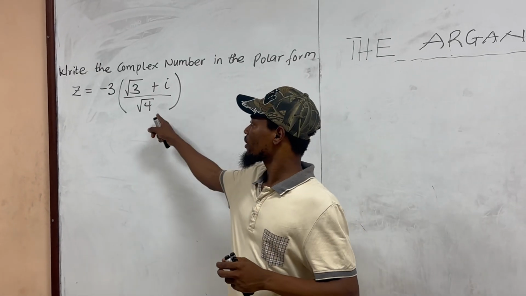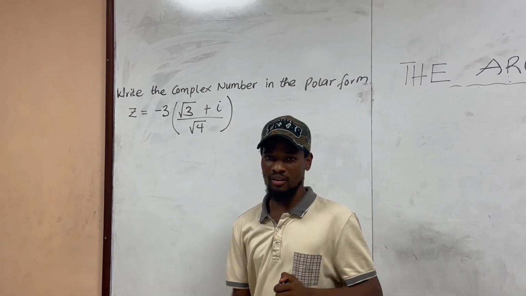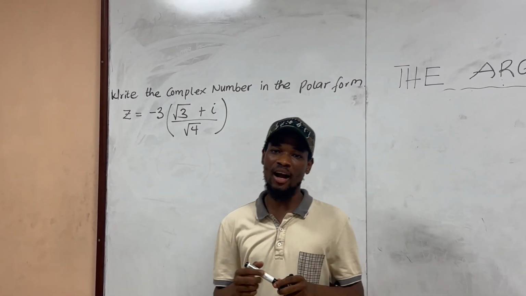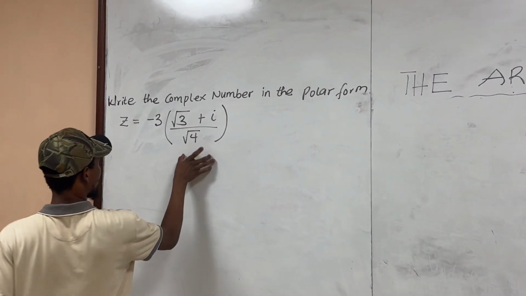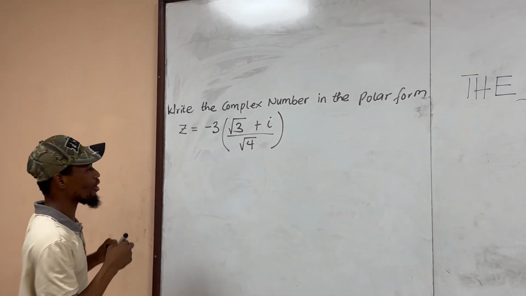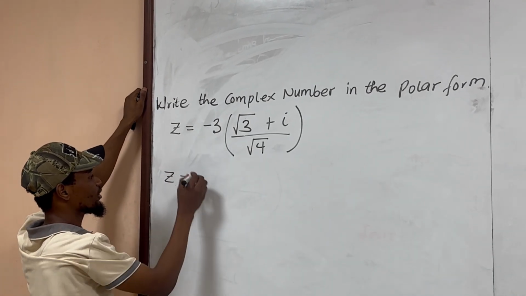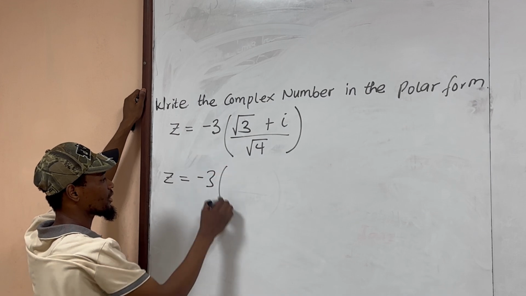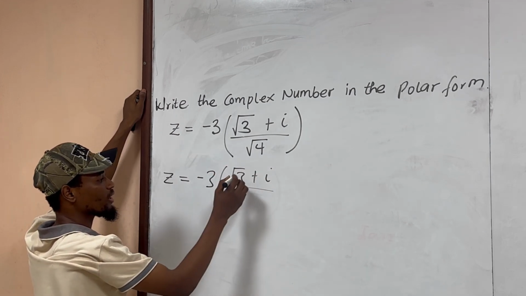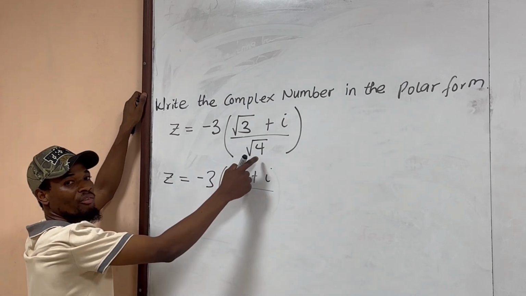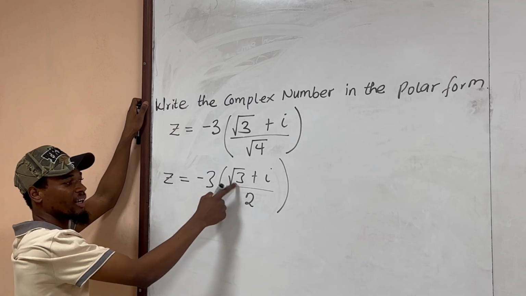Viewers, let's tackle the last question regarding the Argand diagram. Write this complex number in the polar form. This is the same as z is equal to negative 3 and a half square root of 3 plus i, all over square root of 4, which is 2. Then you multiply this by that and this.